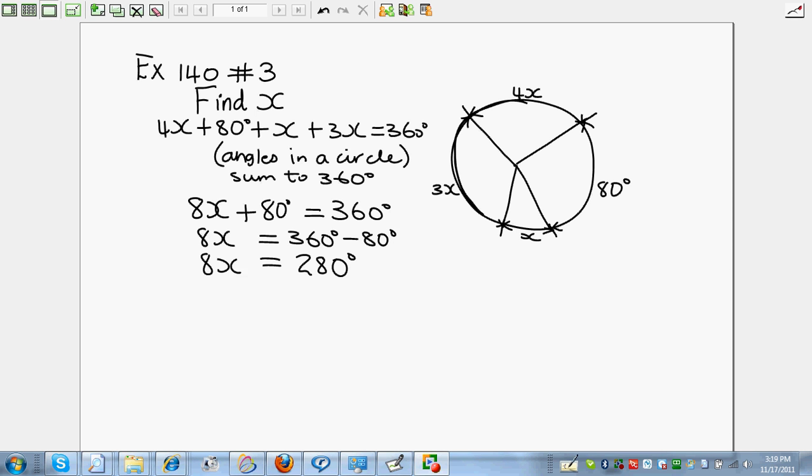Right, so we get 8x is equal to 280 degrees, and therefore x will be equal to 280 degrees divided by 8. Which gives us x equal to 35 degrees. Okay, so that's the answer there. X would be equal to 35 degrees, and that would be the answer you're looking at.